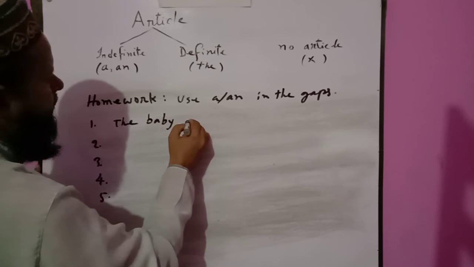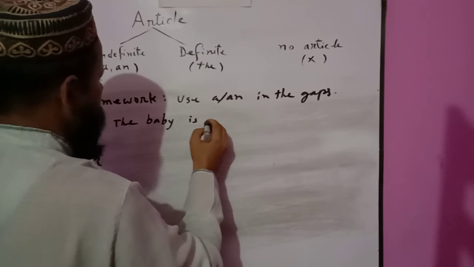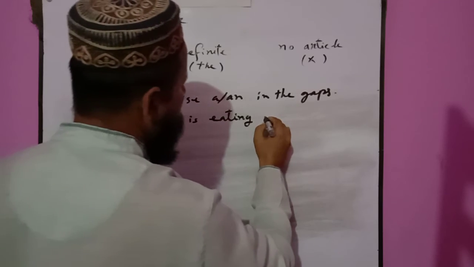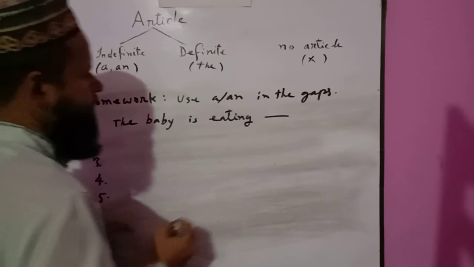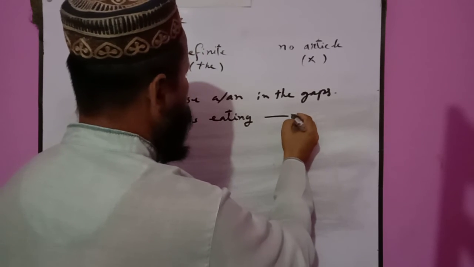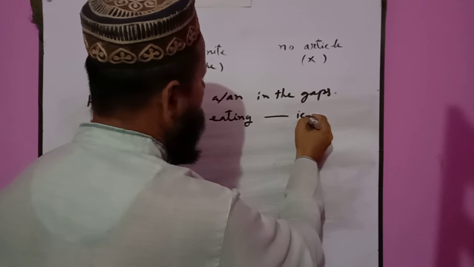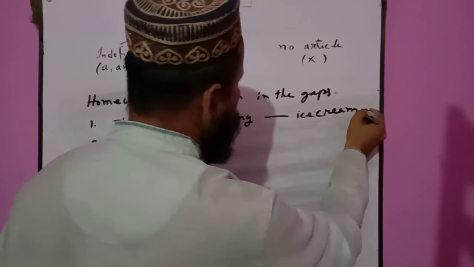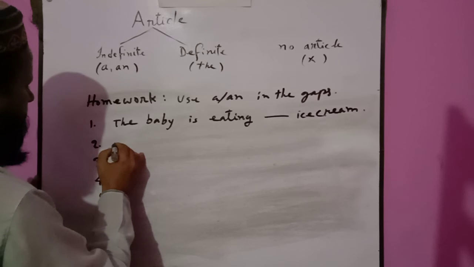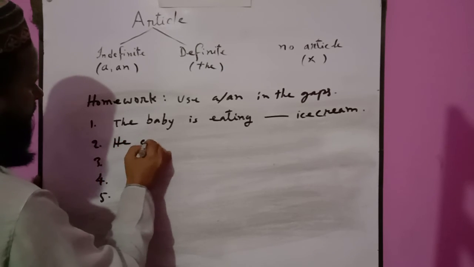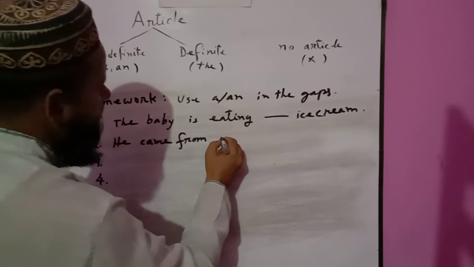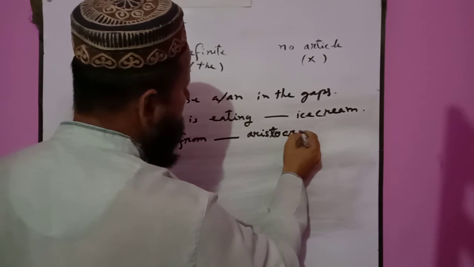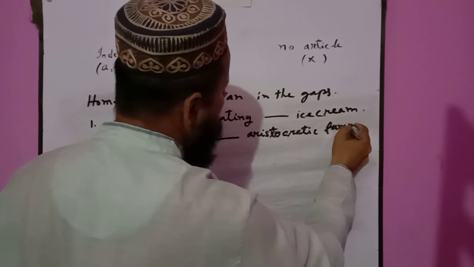The baby is eating dash ice cream. He came from dash aristocratic family.